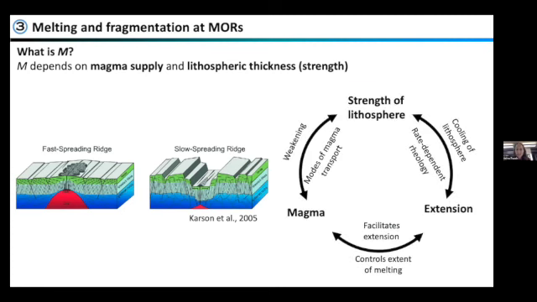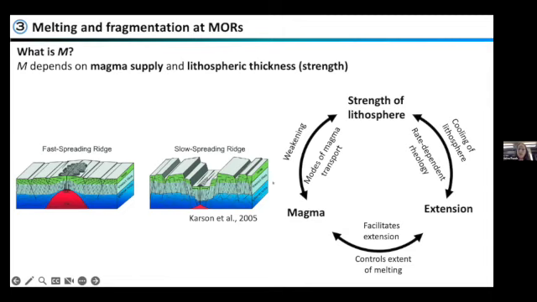I've identified three factors that probably affect the system: again, the strength of the lithosphere, magma, and the extension rate. And they are all interconnected. For example, the extension controls the extent of melting and the cooling of the lithosphere, but equally magma may facilitate extension. This is one of the hypotheses in the community.